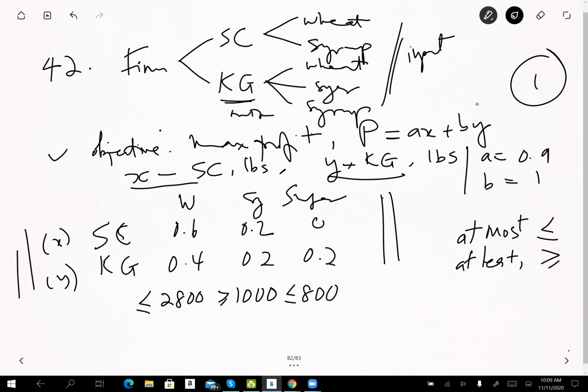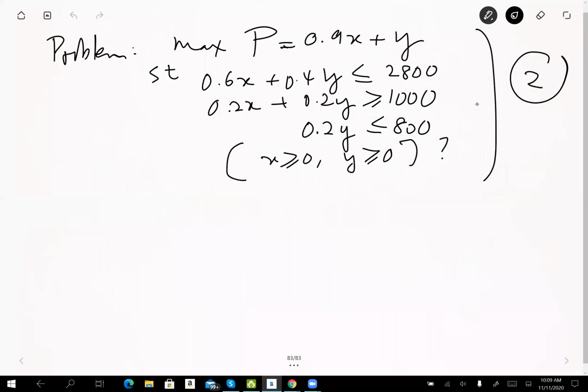The most important is the table, with the information. So actually, this 1 mark is the table and the variables. Table and variables, 1 mark. And then the statement of the problem, 2 marks.